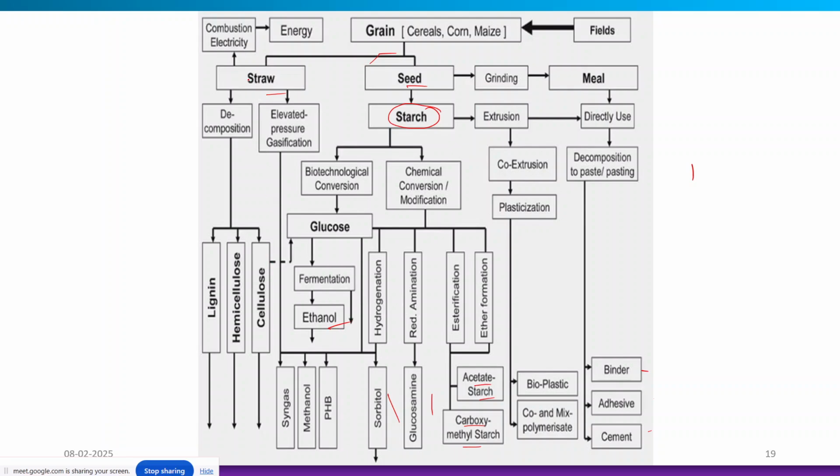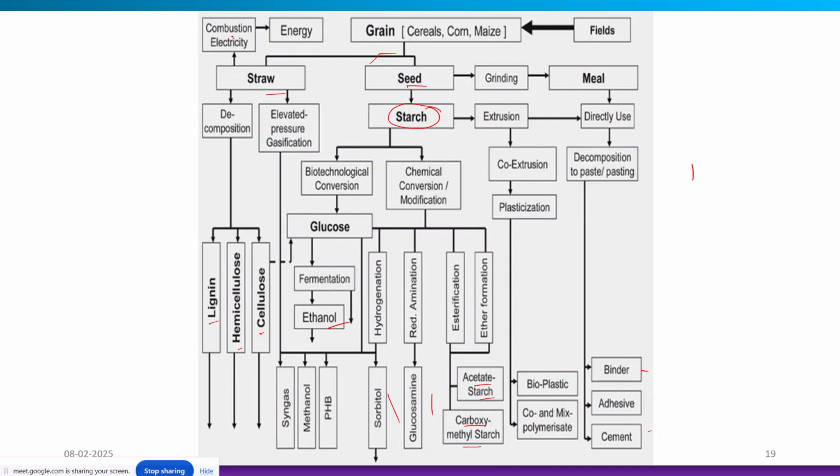In the straw portion, the decomposition is producing decomposed lignin, hemicellulose and cellulose. Those can further be taken care of by biochemical conversion, and it can produce a broad spectrum of chemicals.